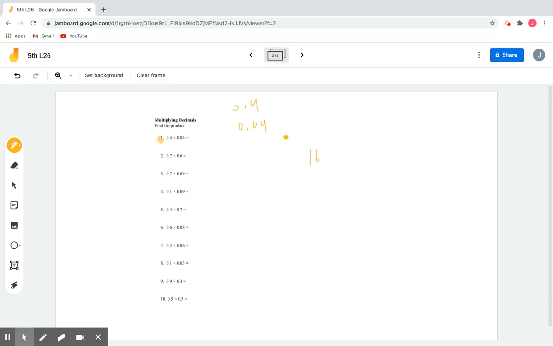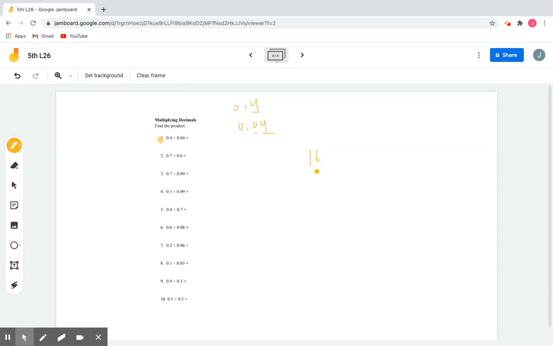And now I need to see how many digits are behind the decimal point. So we have 1 here, and then we have 2 here. So in total, we have 3 digits behind the decimal point, right? So I need to keep that for this answer.